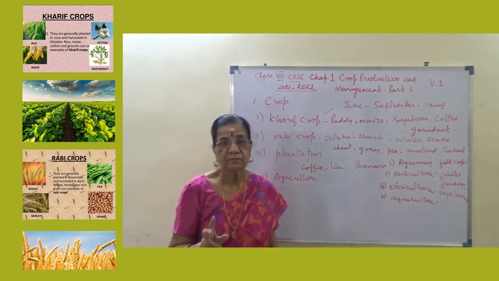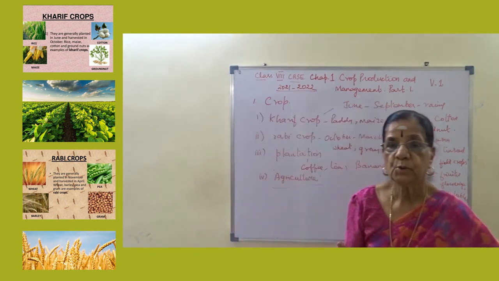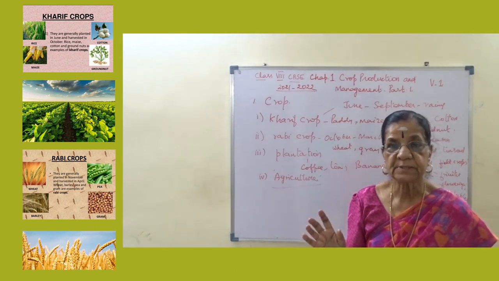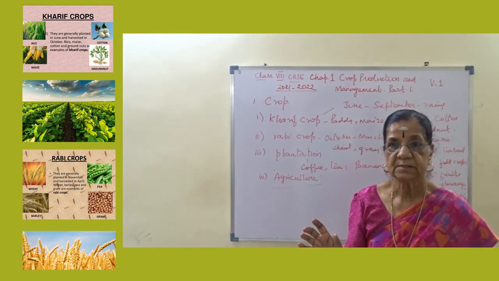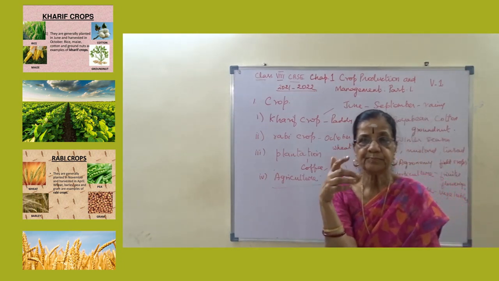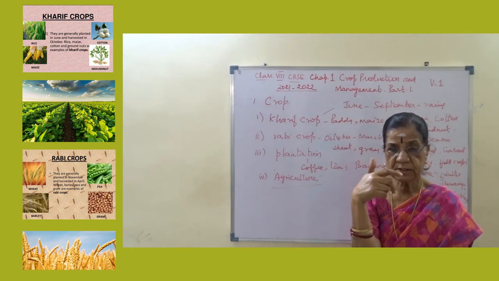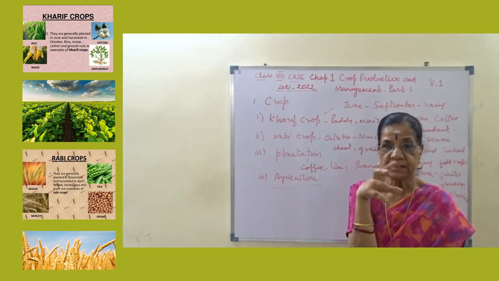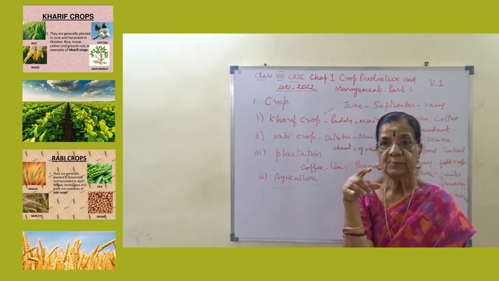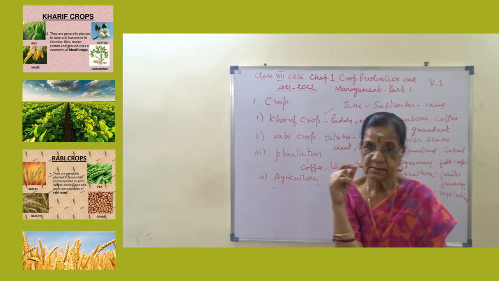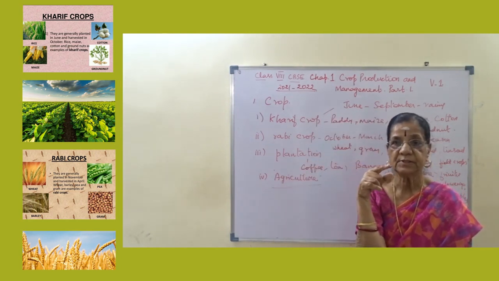So we have done the first two pages about the crop and the types of crops, definition for agriculture. When I am doing this video session, we find that pictures of cultivation of crops will be found in the video as usual, as I have seen in the last year video session.